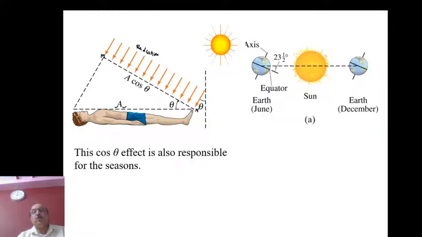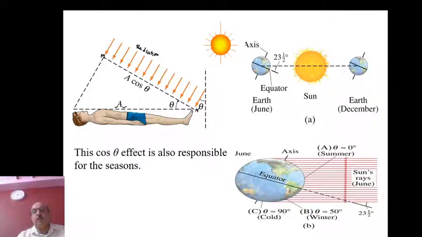The axis of rotation is inclined by 23.5 degrees. So the concept of area comes out here. We have to consider only the normal radiation. So the 23 degrees will be responsible for the seasons on the Earth.